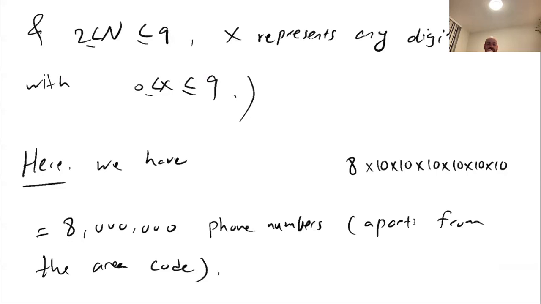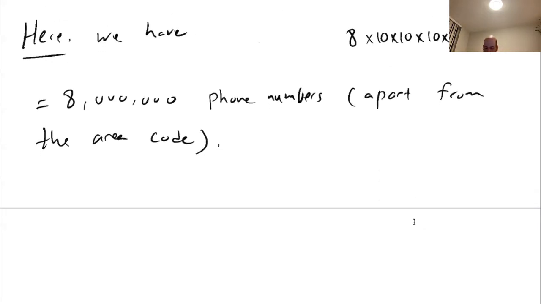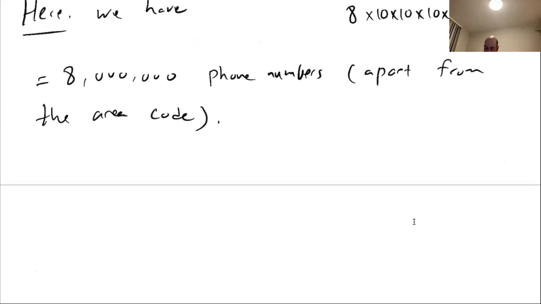Here I have 25 million people. So at least one box, meaning at least one phone number, will have how many people with that phone number?